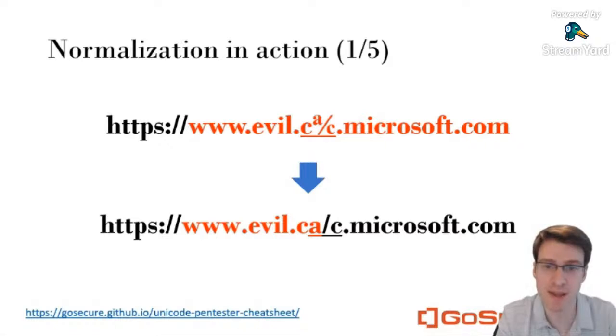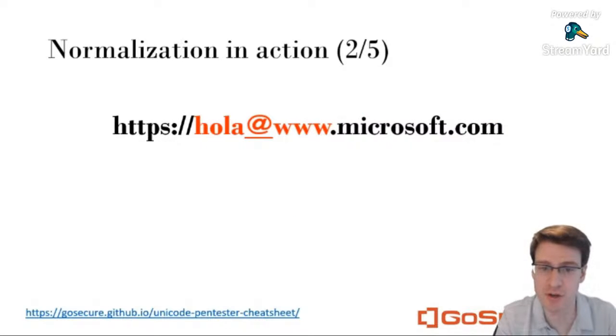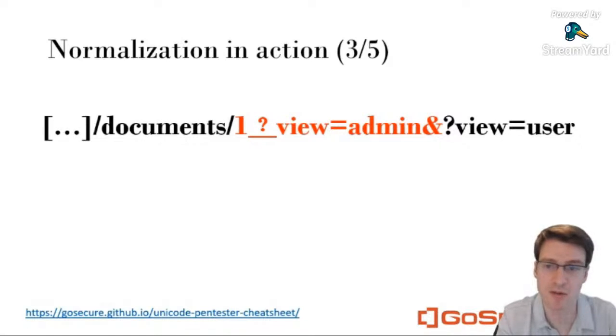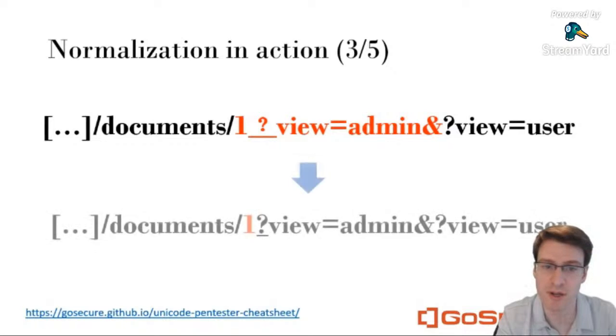There are some other characters that could have implications regarding URLs or domain names. So there is this @ symbol that becomes an actual Latin @ symbol. While it looks the same, it is not the same Unicode character, so the application might not be validating the subdomain the same way for those 2 values. We have also the question mark.